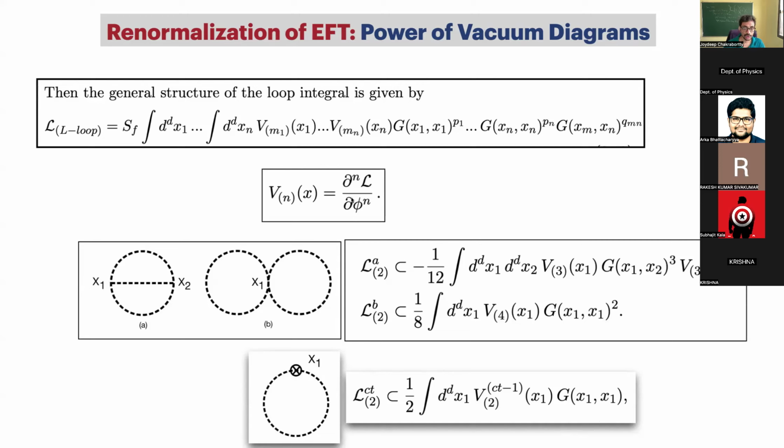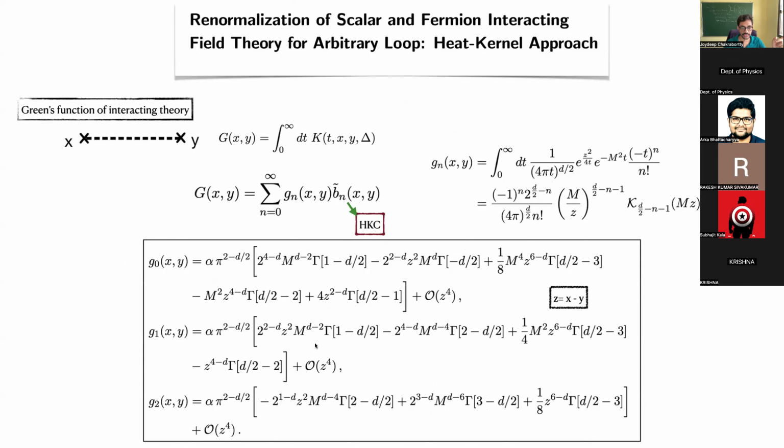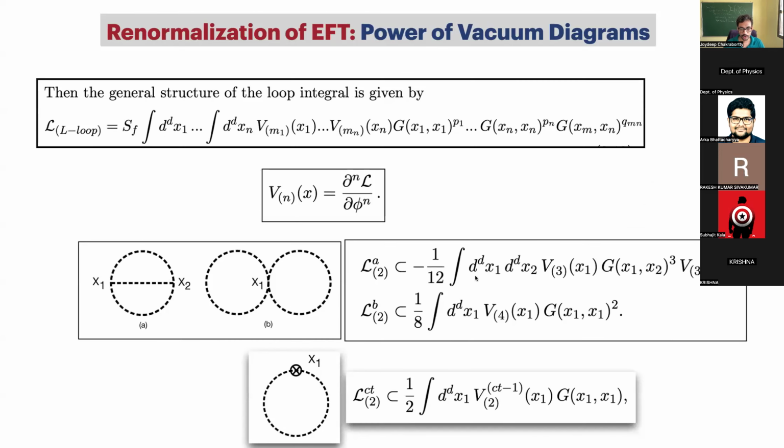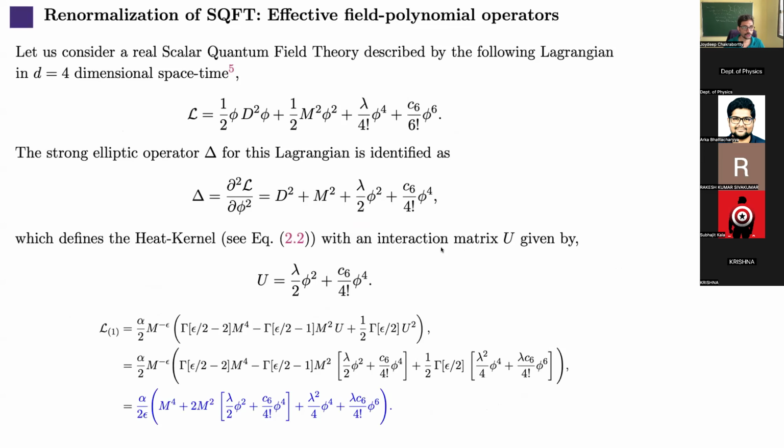That means you have this 1-loop Lagrangian counterterm, you take a functional derivative of the counterterm Lagrangian with respect to the field twice, and you get this vertex factor. So if you plug them in, and then if you calculate, you know the form of the Green's function here, okay? And then we plug the vertex factor back in, and that will give me a beautiful result.